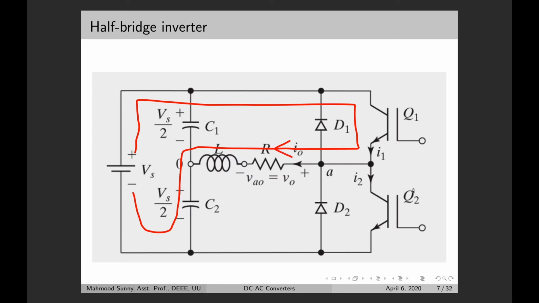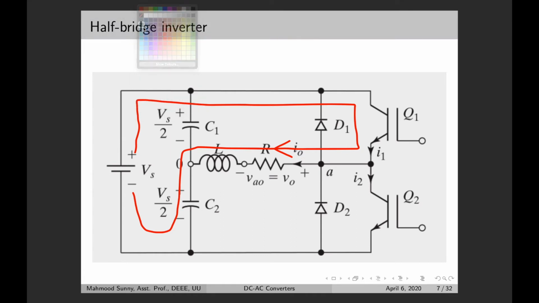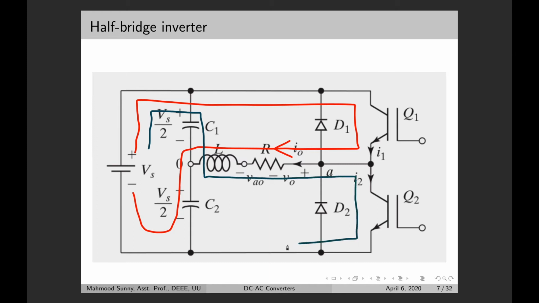Now when Q2 is turned on and Q1 is turned off, then what happens? Then current still comes from here. Okay, let me just change the color. The current comes from here and goes back there.